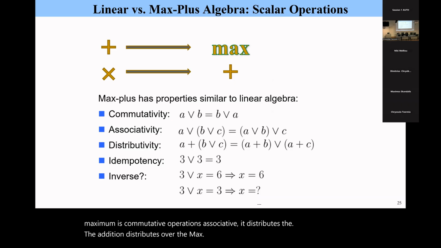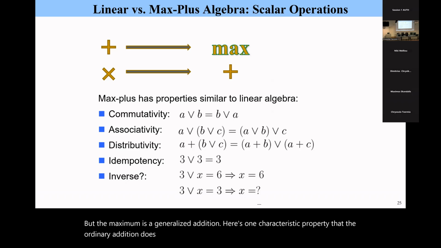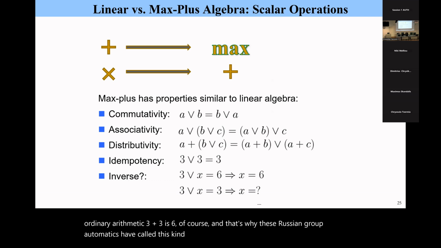But the maximum, as a generalized addition, has one characteristic property that the ordinary addition does not have. It's idempotent. So 3 max 3 is 3, whereas in ordinary arithmetic, 3 plus 3 is 6, of course. And that's why the Russian group of mathematicians have called this kind of algebra idempotent mathematics.